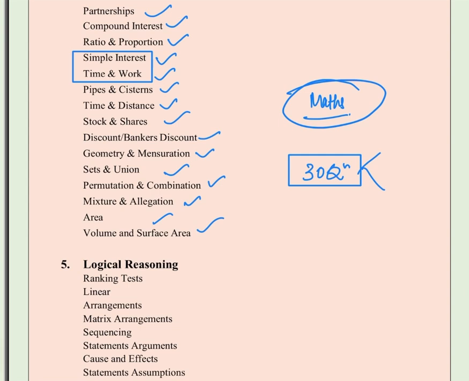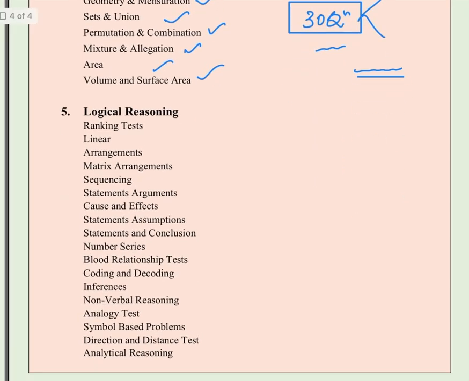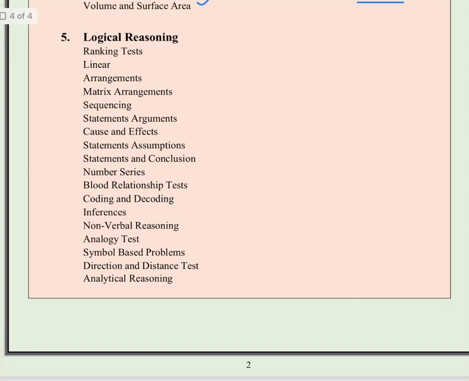Revision means just write the question, close the book, close your notebook, and then try to do it on your own. Until you are able to do that on your own, you are not sorted. Once you are sorted like this, then you are ready for the examination. The same goes for logical reasoning as well.